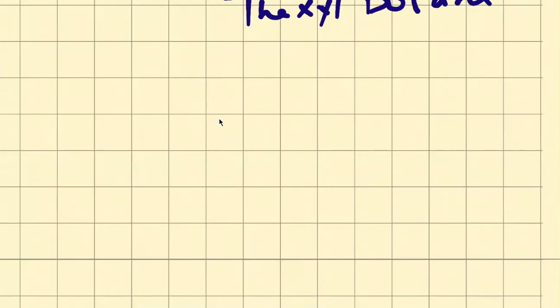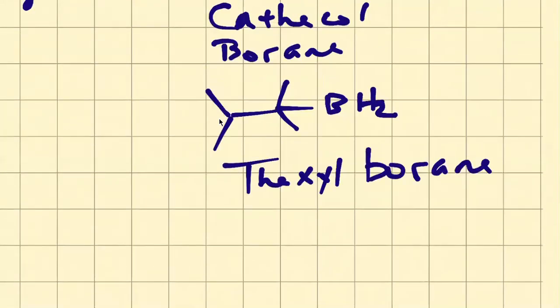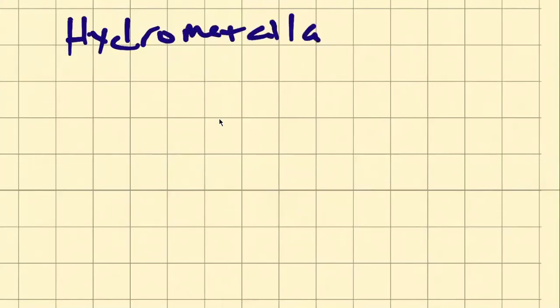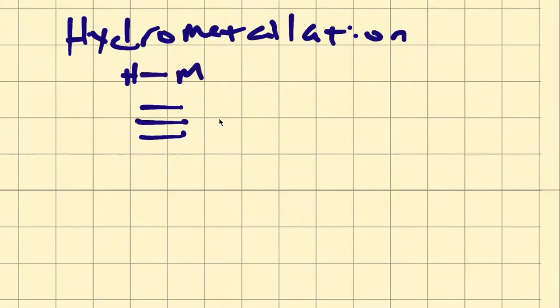So in this case, you take a triple bond and then you treat it with some type of organometallic or metalloid like boron, right?